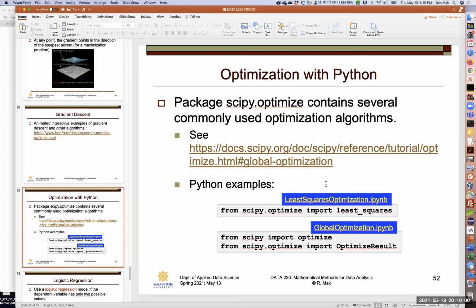Remember, a machine learning model has these hyperparameters that basically define the model, and you're trying to come up with the parameters that give you the model that will have a minimal cost function. You're going to minimize the cost function by coming up with a set of hyperparameters that you can use to define your machine learning model. So that is how optimization is used in machine learning.